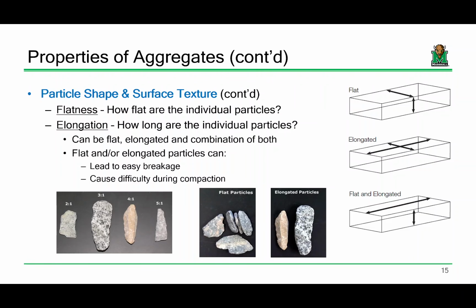What about flatness and elongation? This is important because if you had particles that were really flat and really elongated, they might lead to easy breakage because you have really thin particles that are really long. And that could cause a problem if you're trying to compact this material as a base for a foundation or a road, because every time you're compacting it, the particles keep breaking.